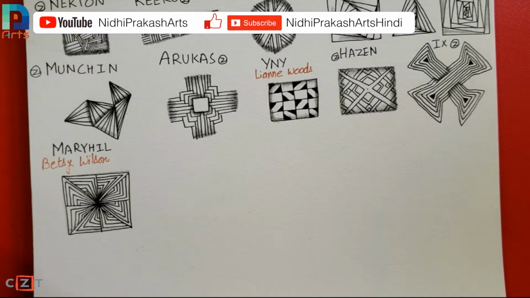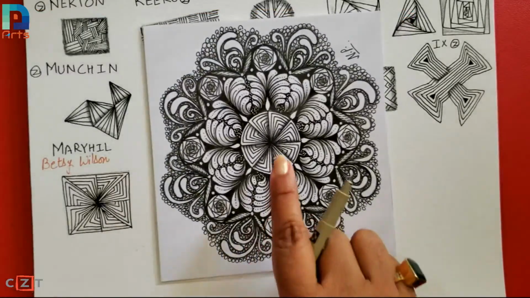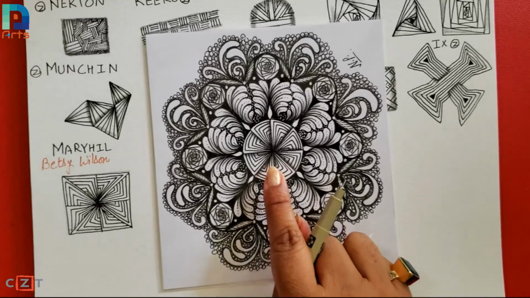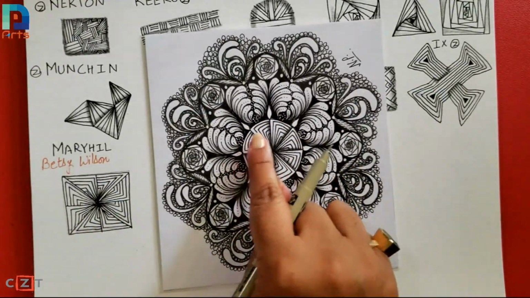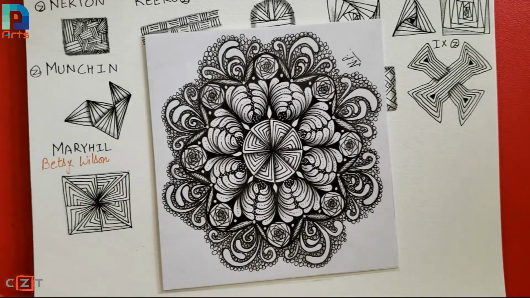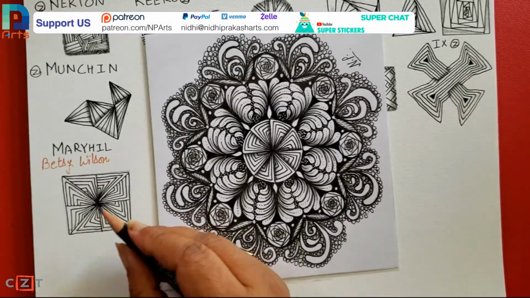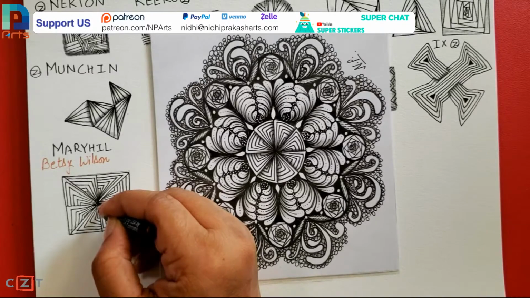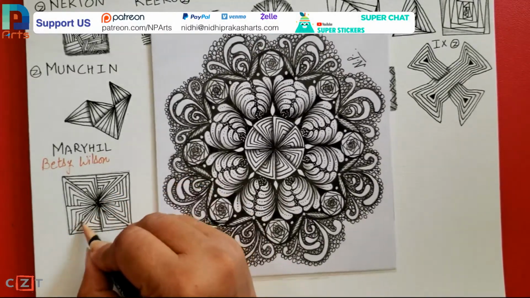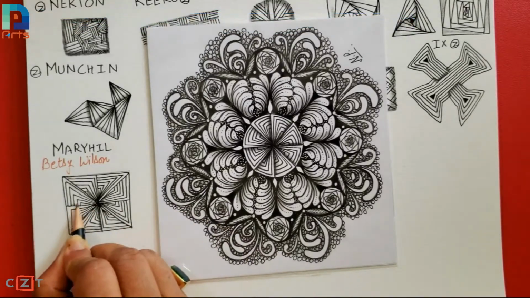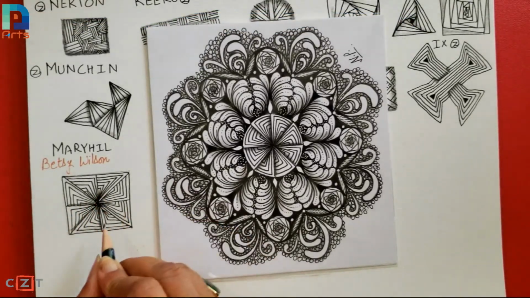If I have it handy quickly, so you see this one here, the center. I drew the same Maryhil tangle in this circular shape. And again, you can give shading on each section.